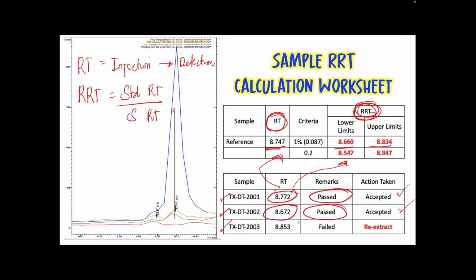However, for this sample, the RT is outside of the upper and lower limit, so it fails the relative retention time. We need to re-extract a sample, and we can't release a positive drug test result. So that's for RRT calculation.